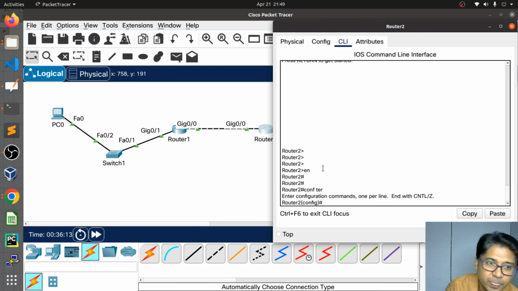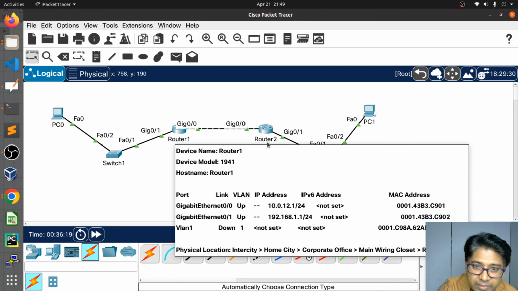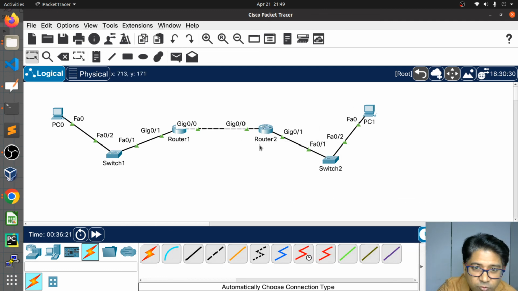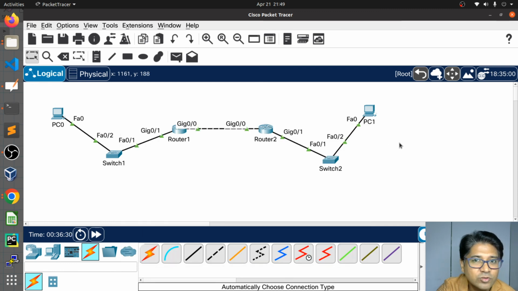If I configure LAN 2 here, then LAN 1 is supposed to be configured on router 2 to get the communication between PC0 and PC1. Otherwise, they are not even able to ping the other LAN gateway.